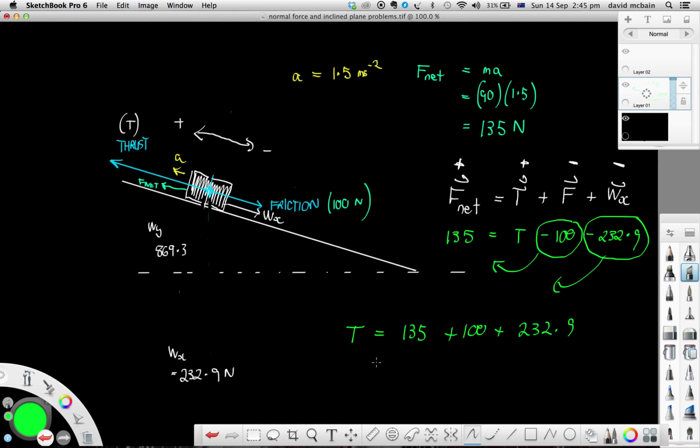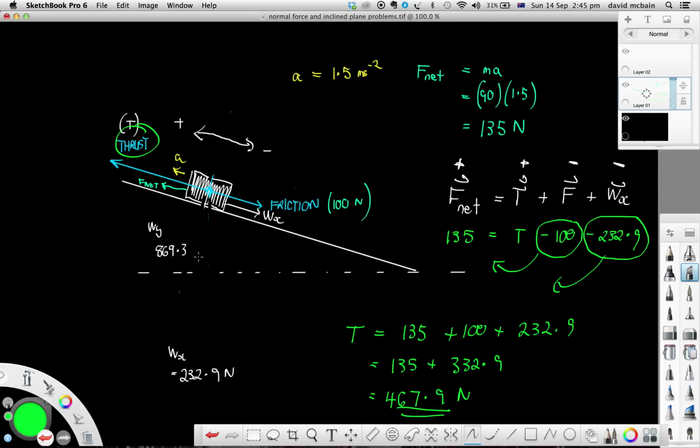So that's going to equal 135 plus 332.9, which is going to equal 467.9 newtons. And that is the value of our thrust force that is trying to propel the skateboard up the ramp.